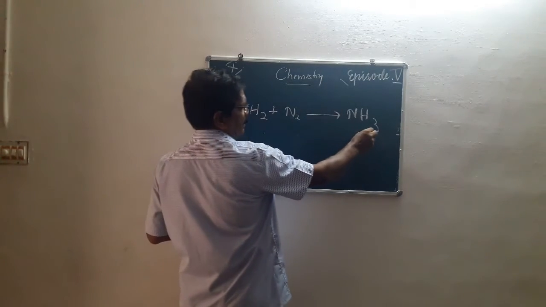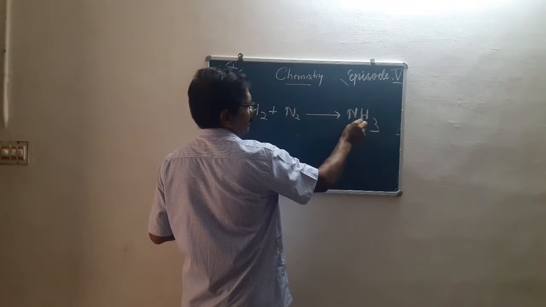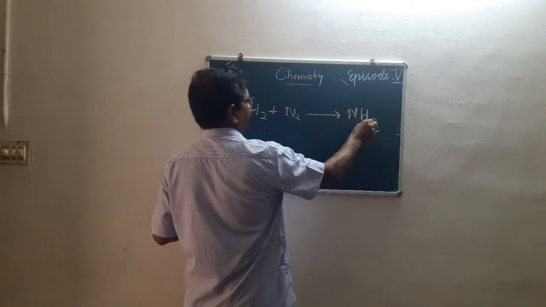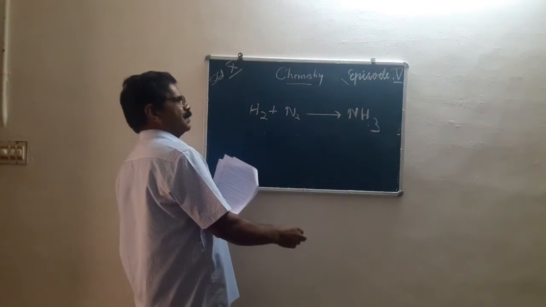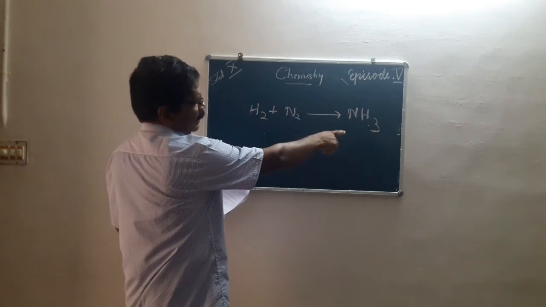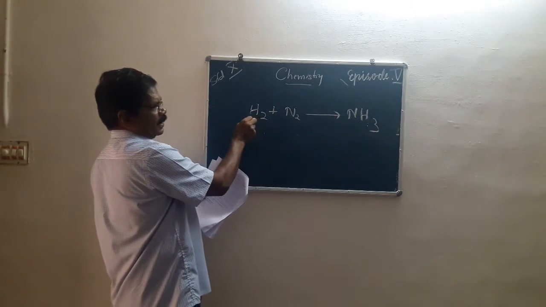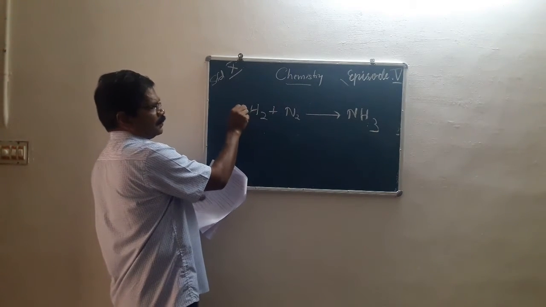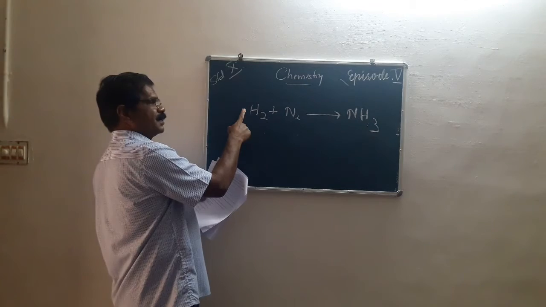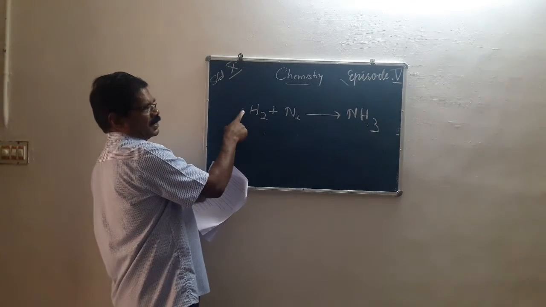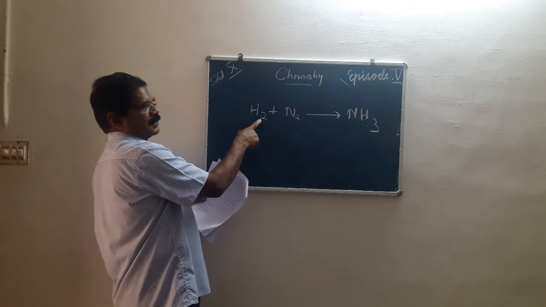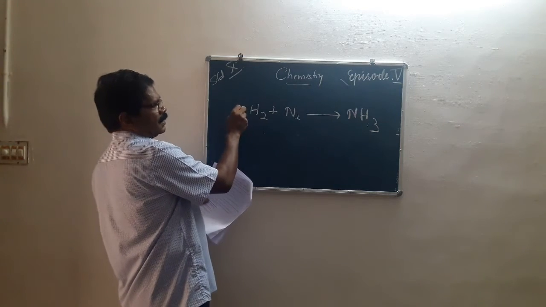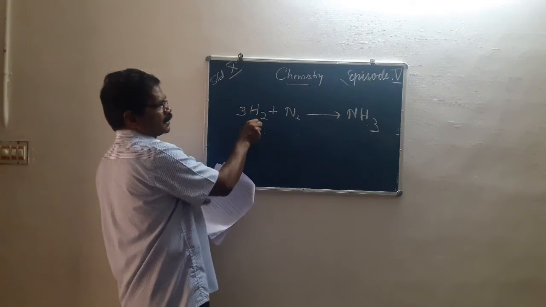Here there are three hydrogen atoms in ammonia. To get three hydrogen atoms we have to put 3 here. If we take 2, one molecule has 2 hydrogen atoms, that is 4 hydrogen atoms, so we cannot get 3. Therefore we take 3, that is 6 hydrogen atoms.